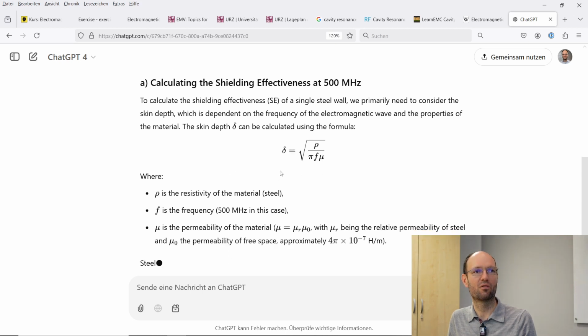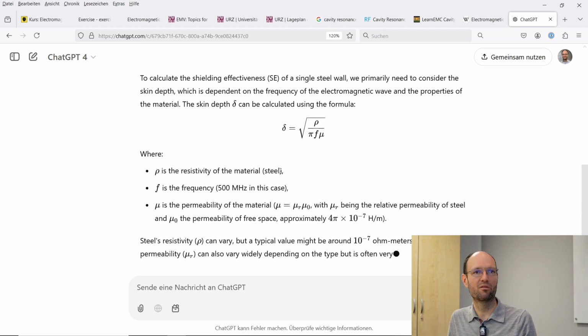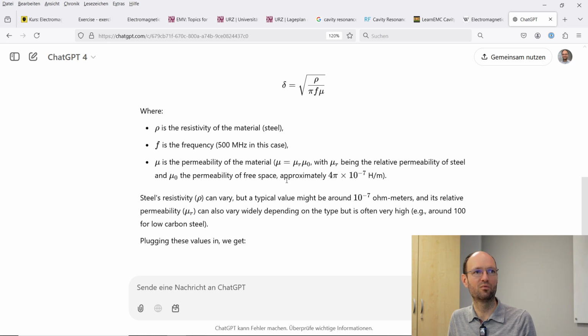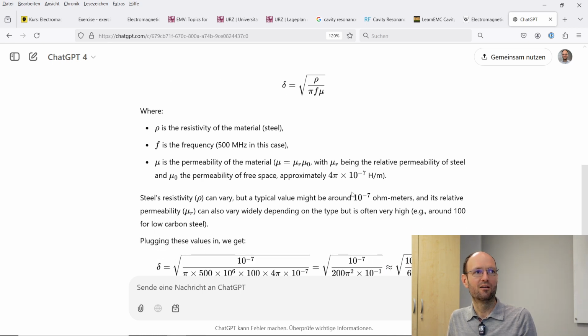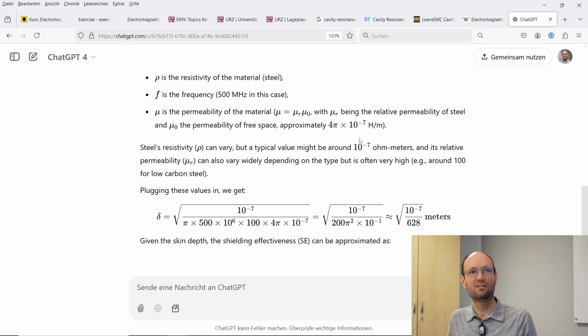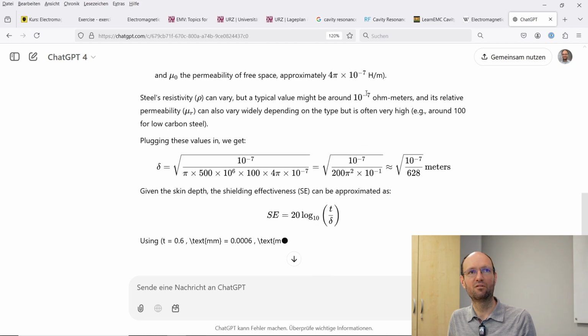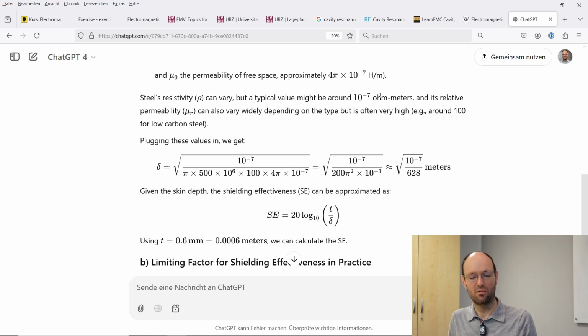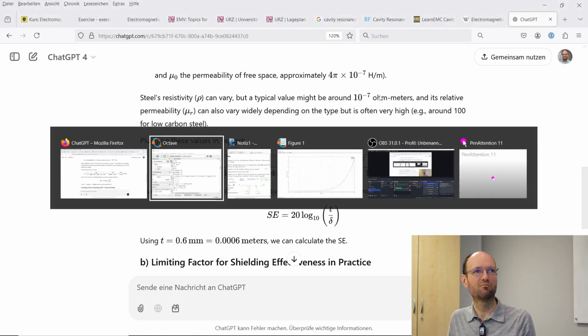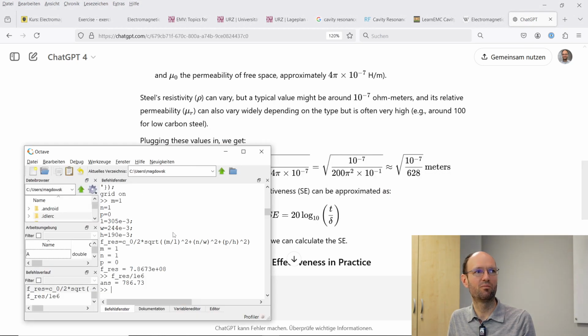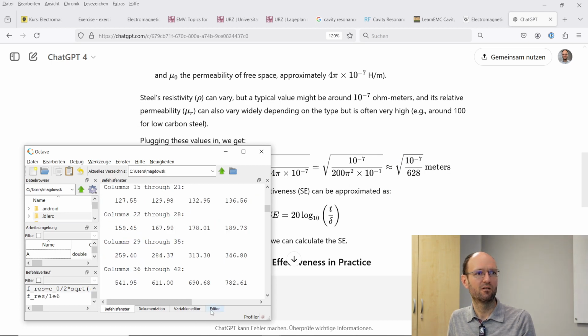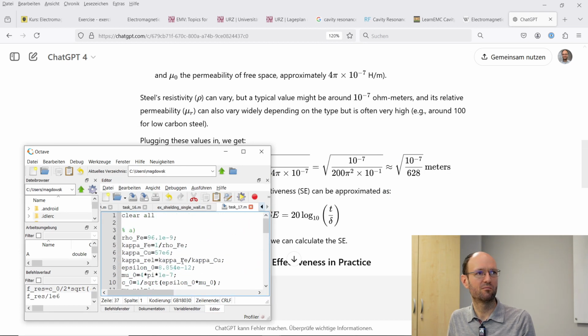So it calculates some skin depth. And the skin depth is something that we have calculated before. Steel's resistivity 10 to -7 ohm meters. I think, so if we go back and look at our script, I think this is also something that we used here, right?